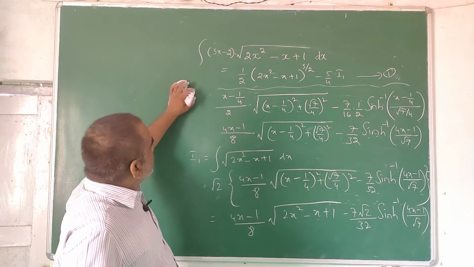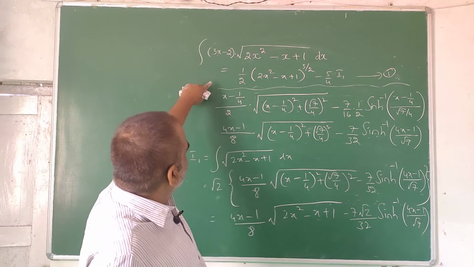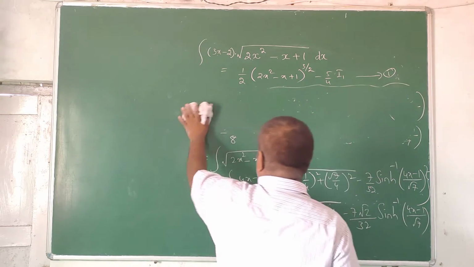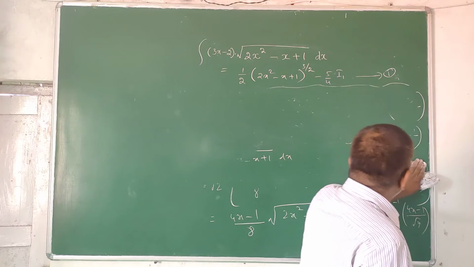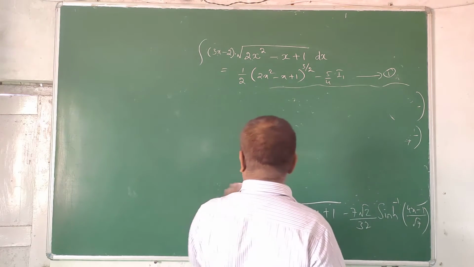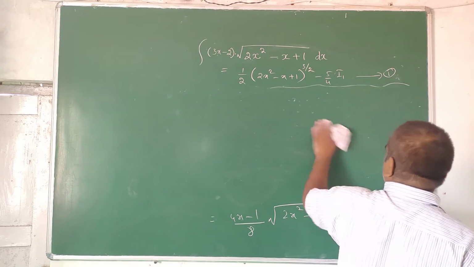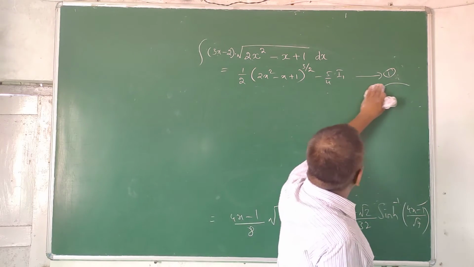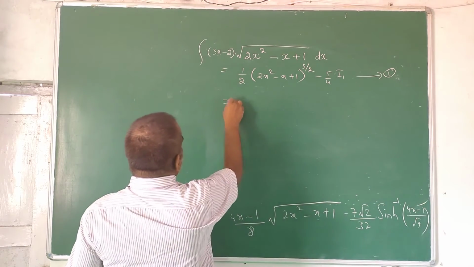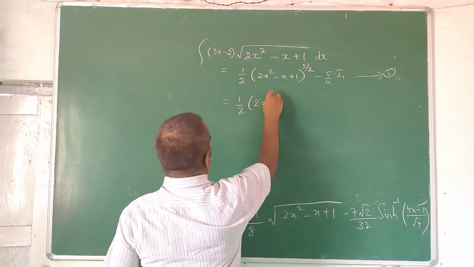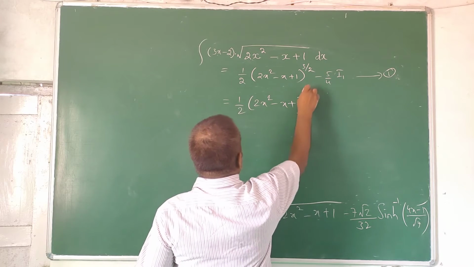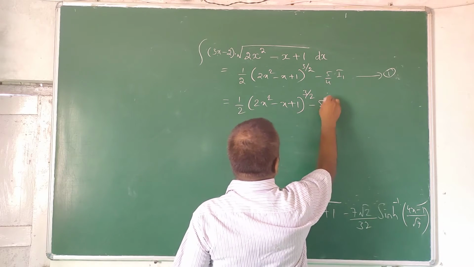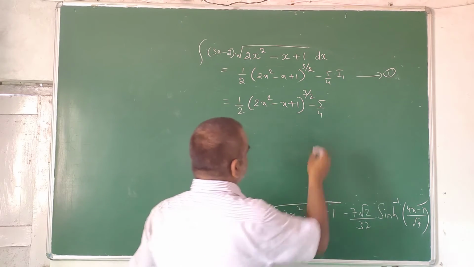So now you have to substitute this I1 value in equation 1. So from equation 1, this is equal to 1 by 2 into 2x square minus x plus 1 whole to the power of 3 by 2 minus 5 by 4 into I1 is this.